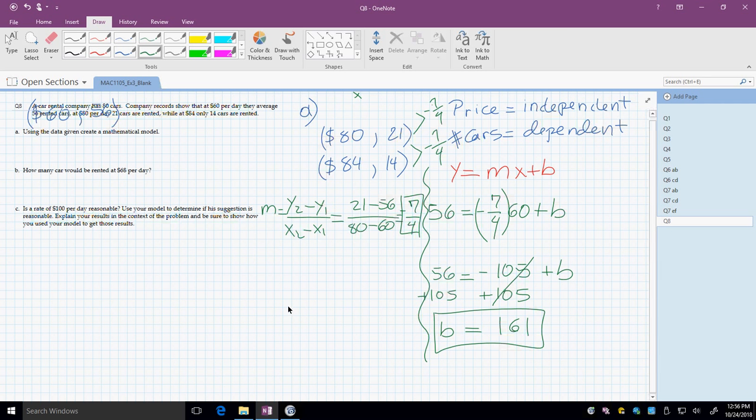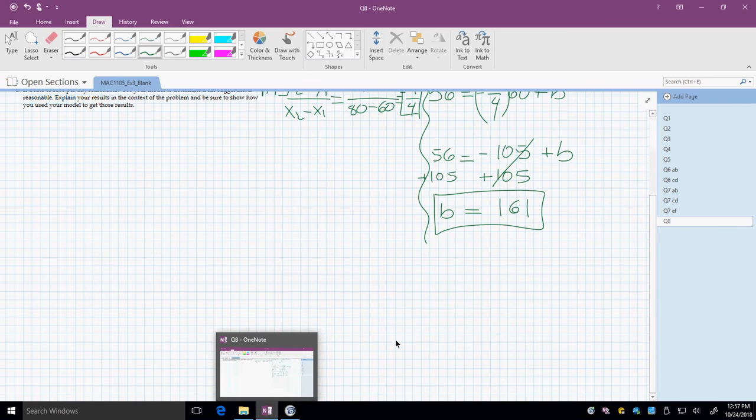So my mathematical model is going to be the number of cars equals negative 7 over 4 times the price, plus 161.